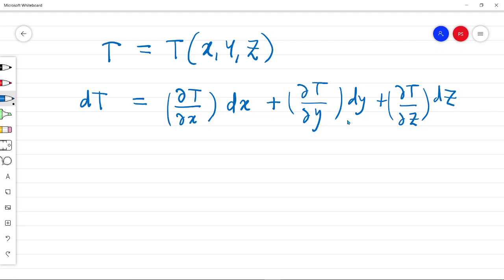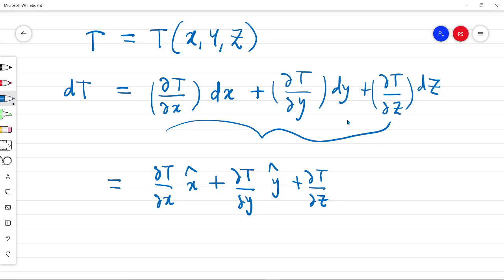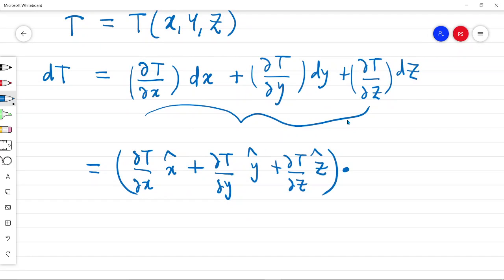Now this entire expression can be rewritten as dou t by dou x x cap plus dou t by dou y y cap plus dou t by dou z z cap. This is a vector quantity. This can be dotted with dx x cap plus dy y cap plus dz z cap.